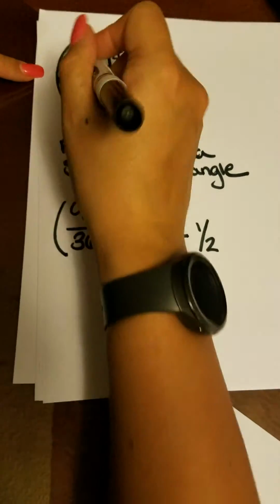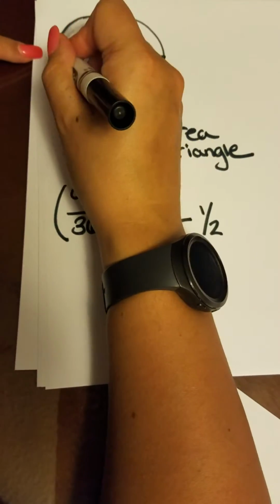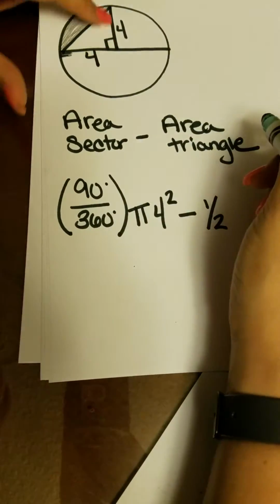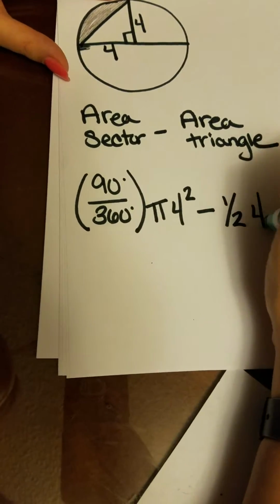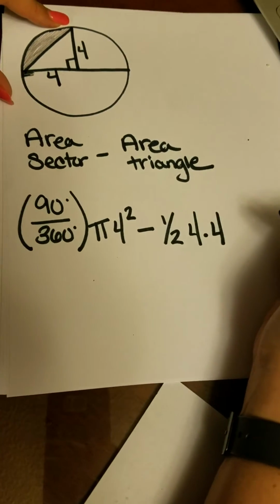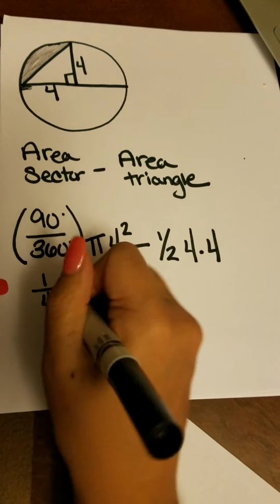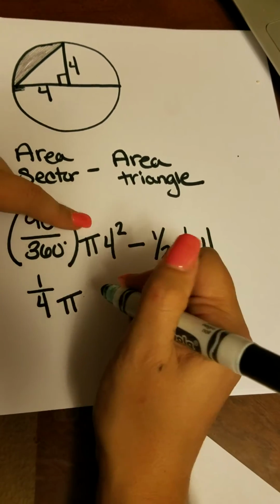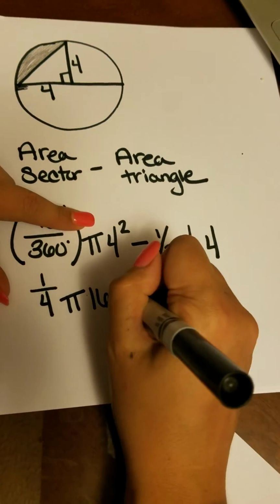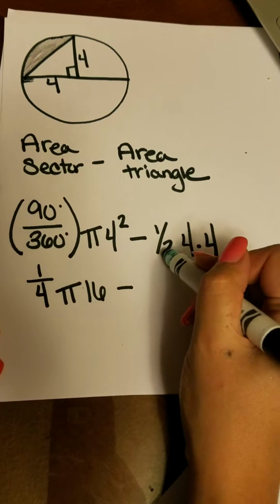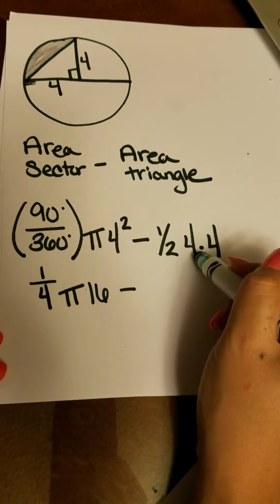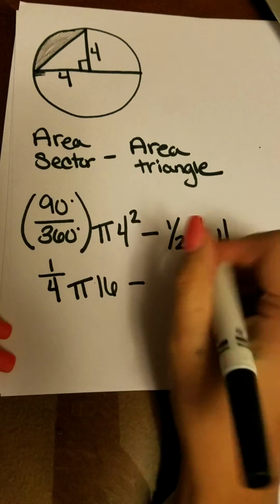Our base here is also 4, since this is a radius, and our height is also 4, so base times height. To simplify this, again, we have 1/4 of a circle times pi, and 4 squared is 16, minus 1/2 times 4 is 2, and 2 times 4 is 8.